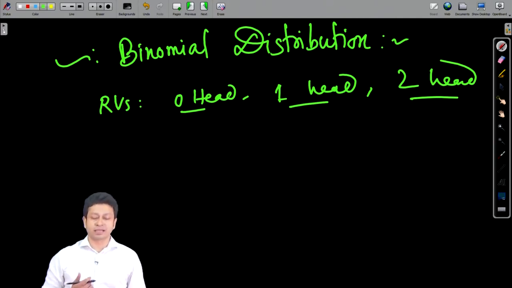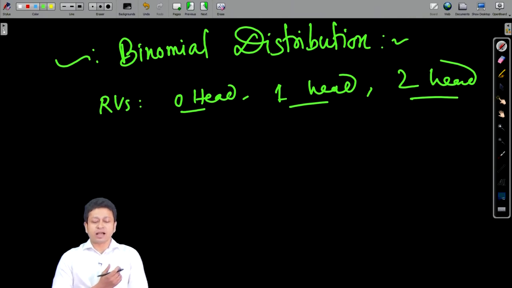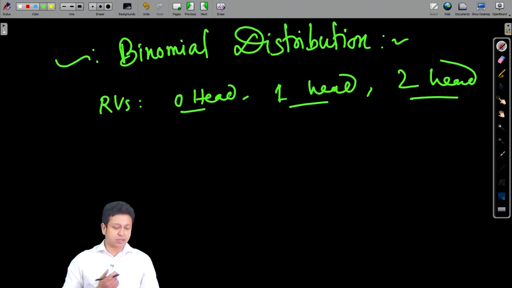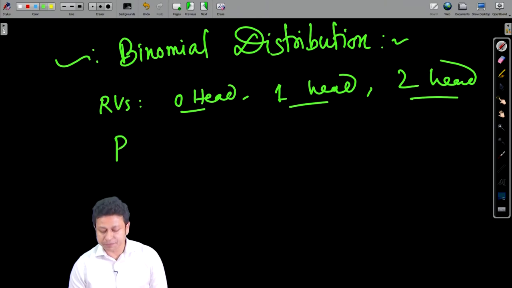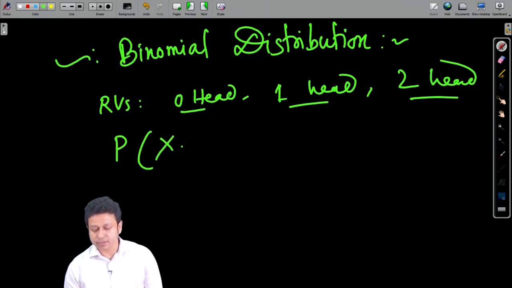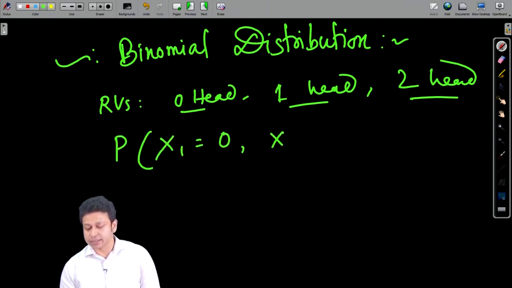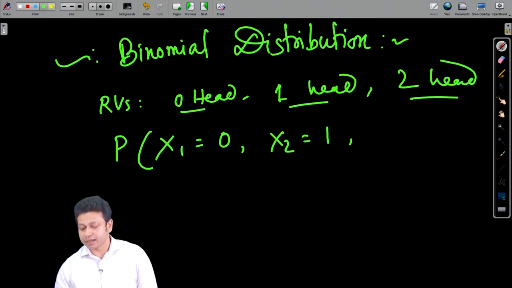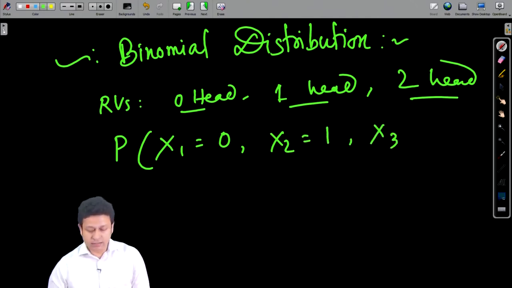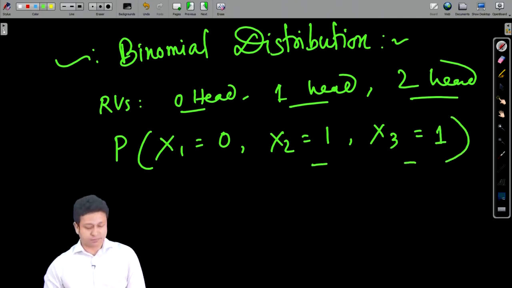The coin tossing is identically distributed. So these are all IID random variables, and I need to get the probability of, let us say, x1 being 0 heads, x2 being 1 head and x3 being another head. It depends on whether you want 1 head, 2 heads or whatever.